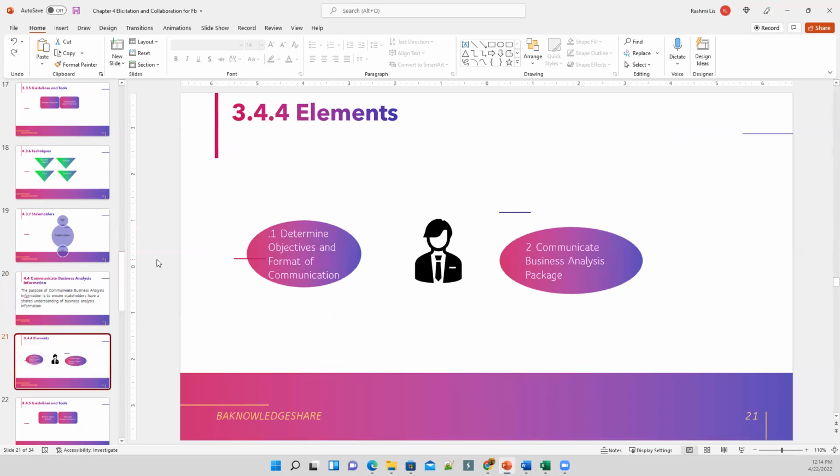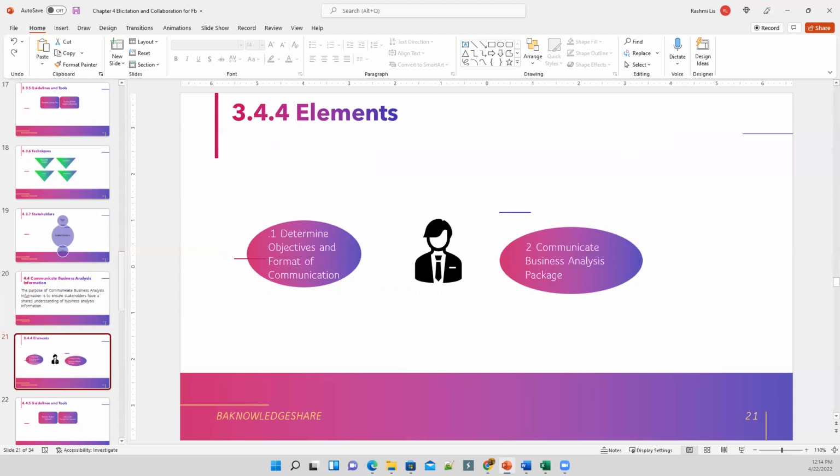In our case, Amanda would work with the stakeholders to really communicate the information. And so she would determine the objectives and format of communication, whether it's an email, or it goes with the project status reports.